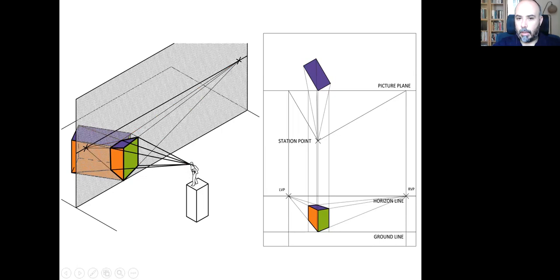The horizon line indicates the eyesight level of the man, and the vanishing points can be thought of as the borders of his eyesight. And by transferring these intersections down here, we will be able to get the perspective image or projection of the object.